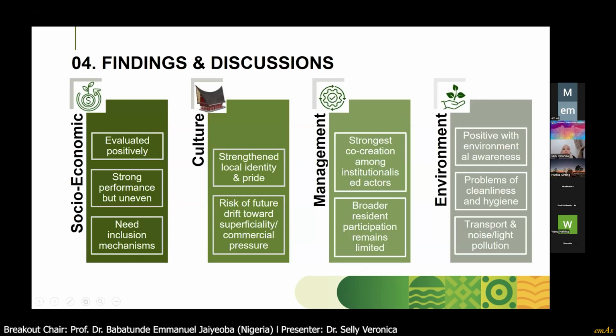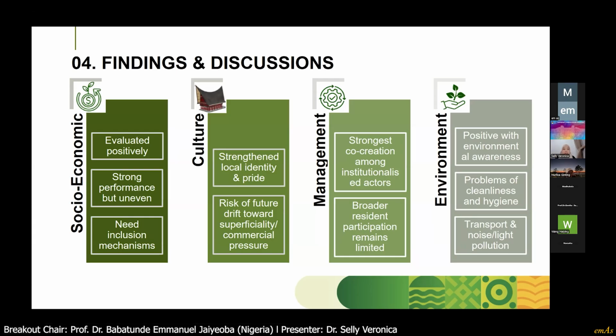Based on the findings of our research, looking at the social economic aspect of the co-creation of sustainable tourism in Pangururan, the evaluation for the community already gives a positive impact. It also shows strong performance, giving opportunities for the local community, shifting their income from farming into tourism.